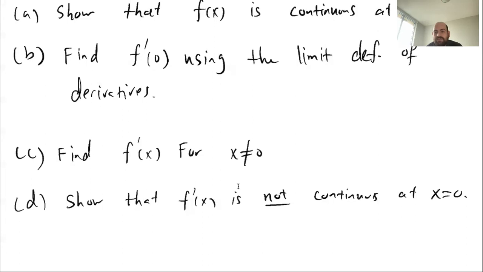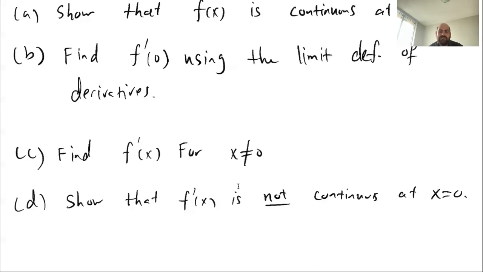So if the first derivative is not continuous at 0, then it will not be differentiable at 0 either. So f is continuous and differentiable at 0. However, f prime is not continuous and therefore not differentiable at 0.